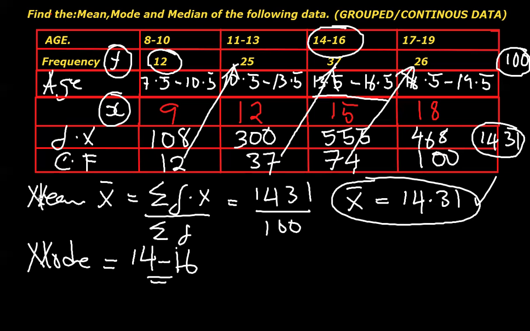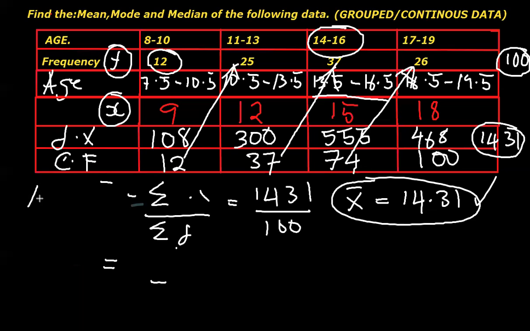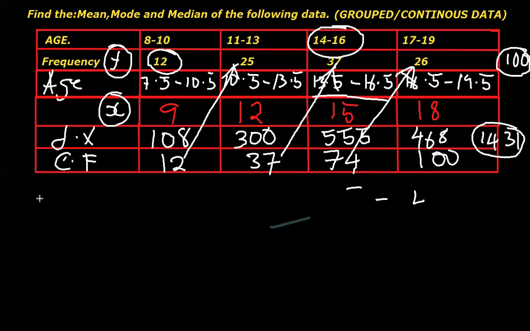Now once you get the cumulative frequency, allow me to wrap this because we already have the mean and mode. So I'll clear this to get space for working out the median. Now what we do, we take the total frequency, which is 100.